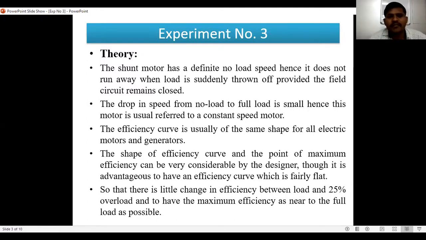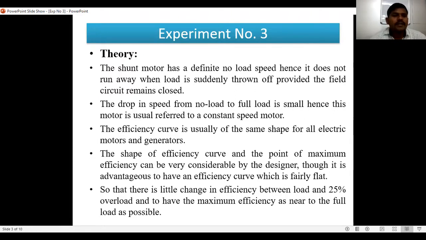The drop in speed from no load to full load is small. Hence this motor is usually referred to as a constant speed motor, that is, the DC shunt motor can be referred to as a constant speed motor.